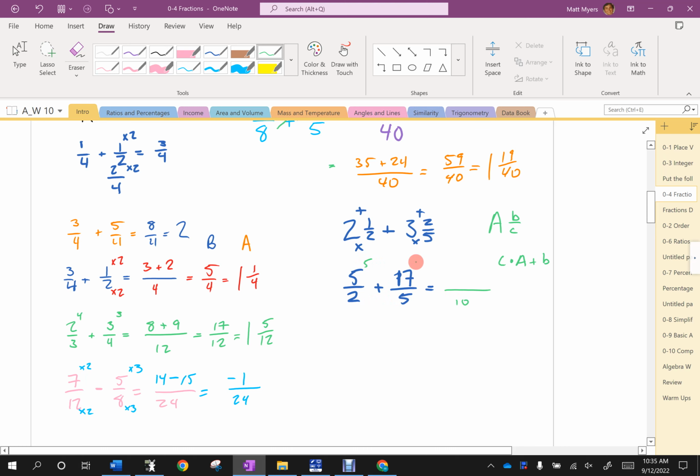What goes up here? 2. 25 plus 34 is 59 over 10. Right? And if you want the A, how many 10s fit into 59? 5 with how many left over? 9 over 10. Everybody cool?